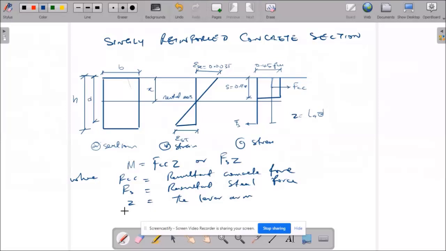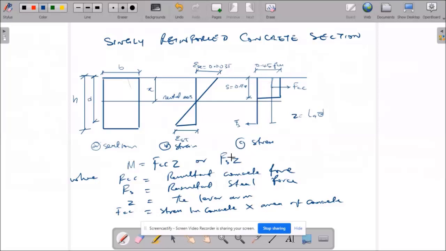Then FCC is equal to the stress in concrete multiplied by the area of concrete. Our stress in concrete, as you can see here, is this multiplied by this, and the area of concrete is this depth multiplied by the breadth.